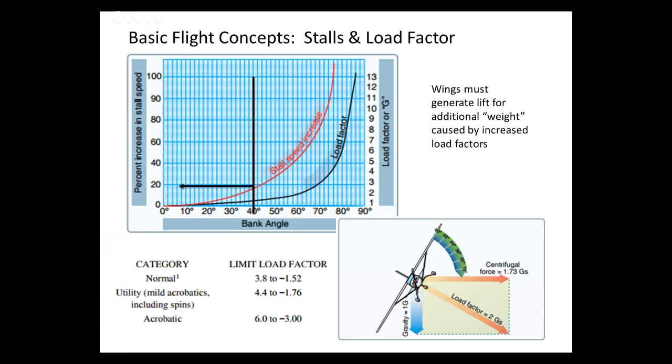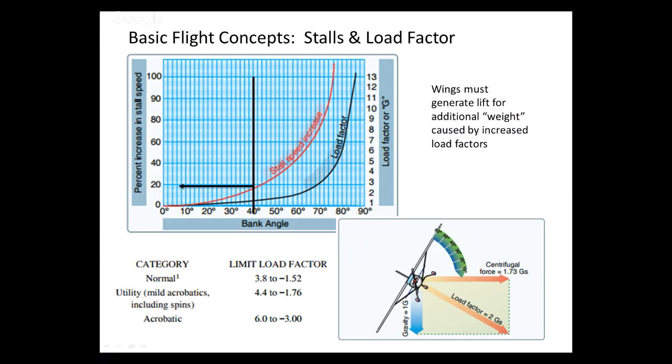I've got it depicted here on this slide, but one thing you'll want to become familiar with, especially after you've got your written test out of the way and you start your flight training, is to show your instructor that you're aware that when you turn the aircraft, when you roll the aircraft, your stall speed increases exponentially. And this is caused by the increased load factor on the wings that we talked about earlier.